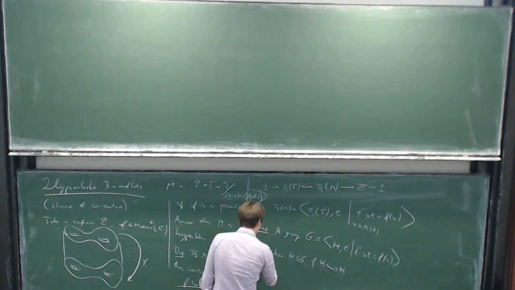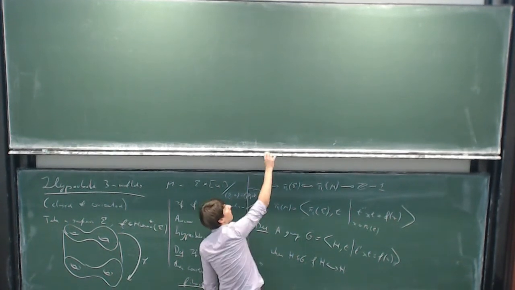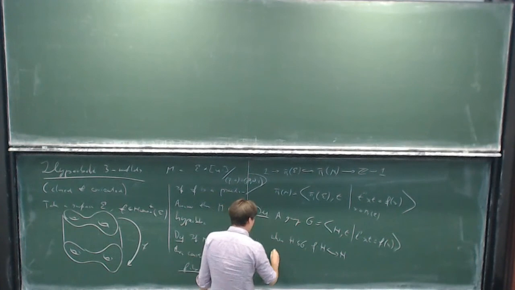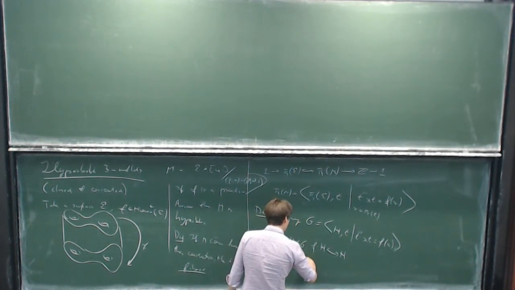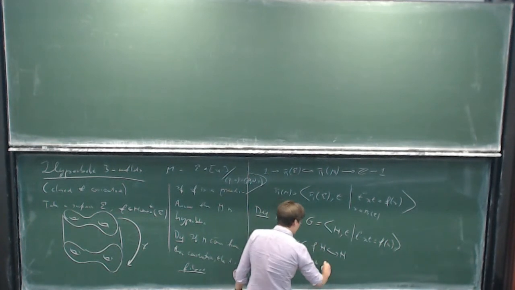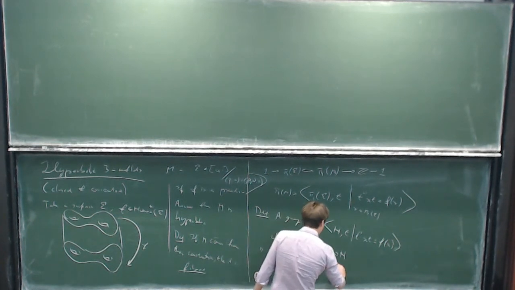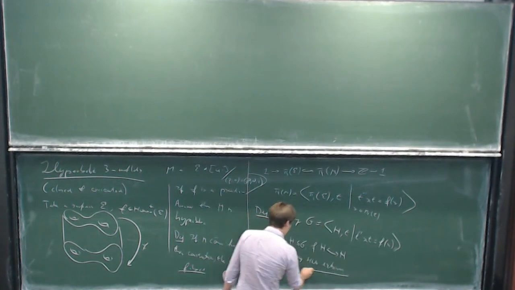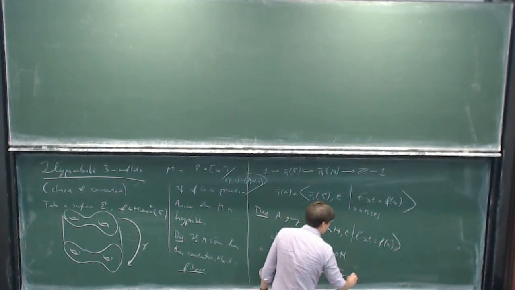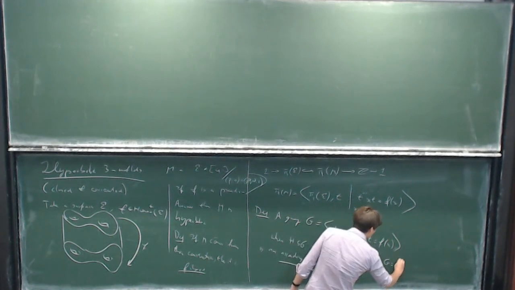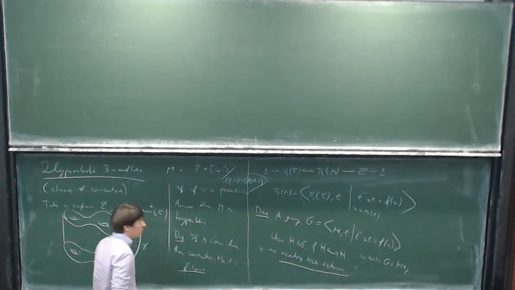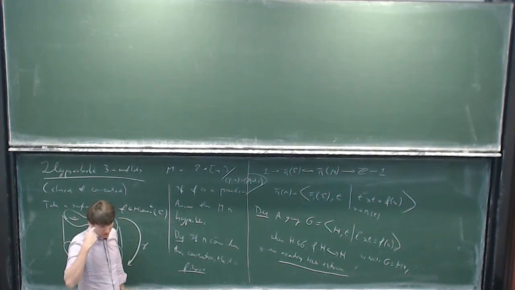Such a group is an ascending HNN extension, and we write G equals H star F. Note that I do not require F to be an automorphism of H. It's just an injective homomorphism from H to itself.